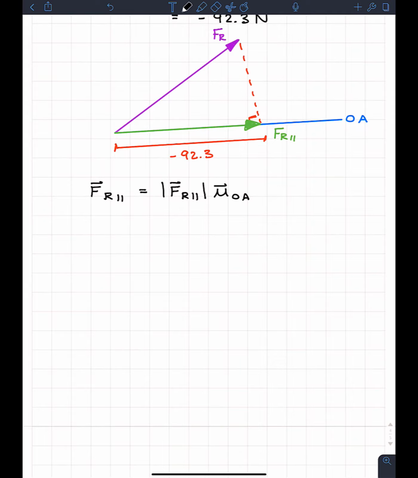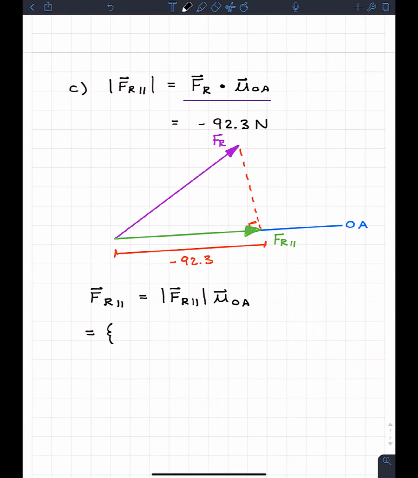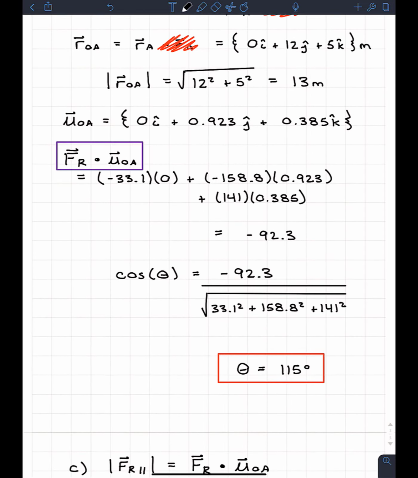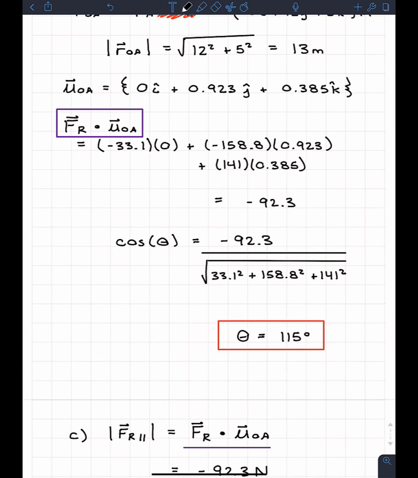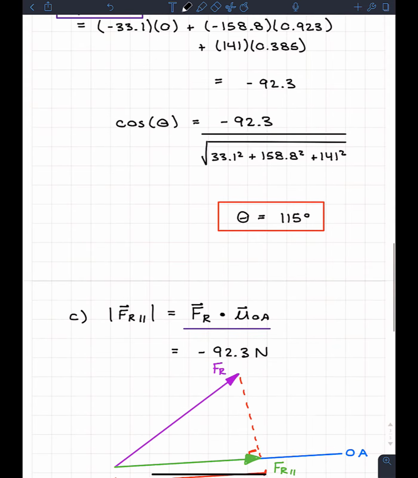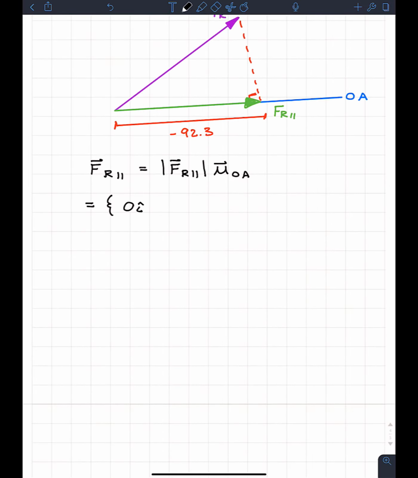So all we're going to have to do is take that and multiply it into OA, and what we're going to get is this. So we're going to take the negative 92.3, multiply it by the first component of the unit vector, which is 0. So we're going to have 0i. Negative 92.3 times the j component, which is 0.923, we get negative 85.2, and that's in the j.